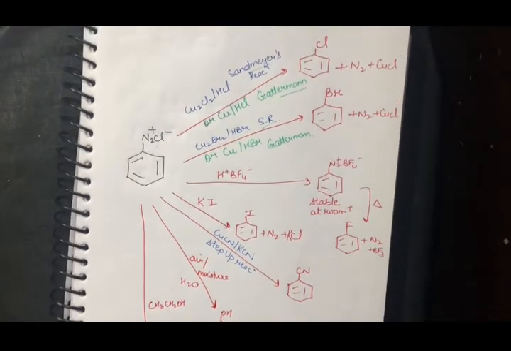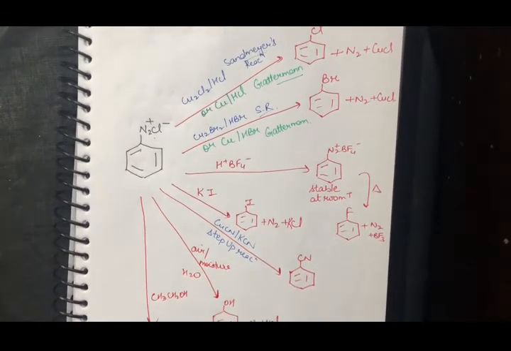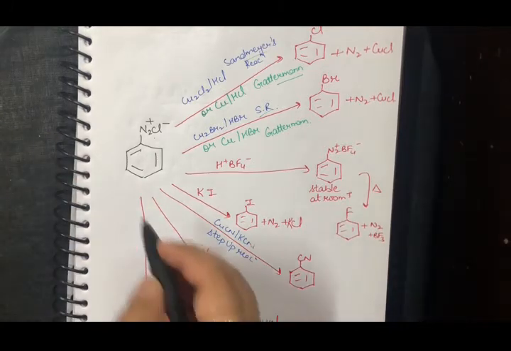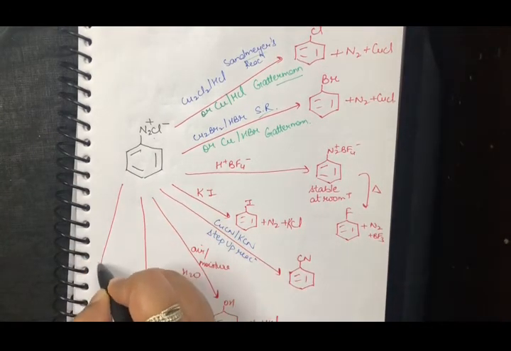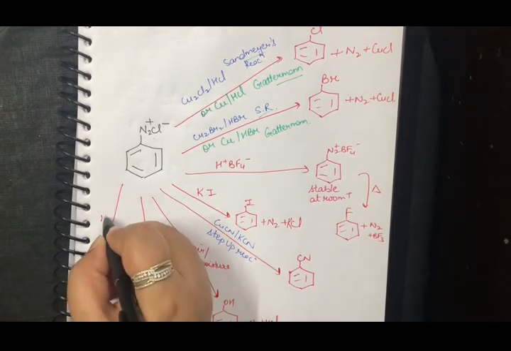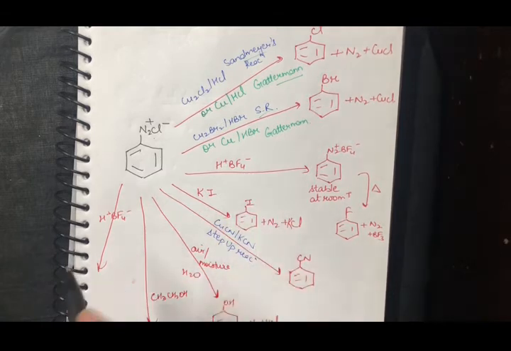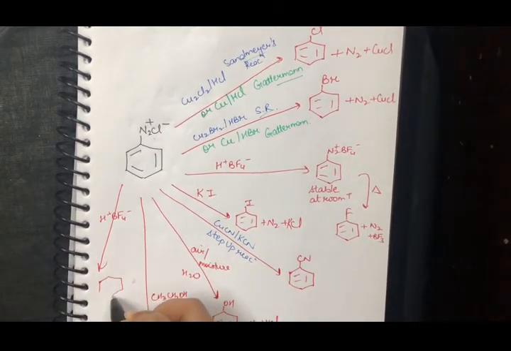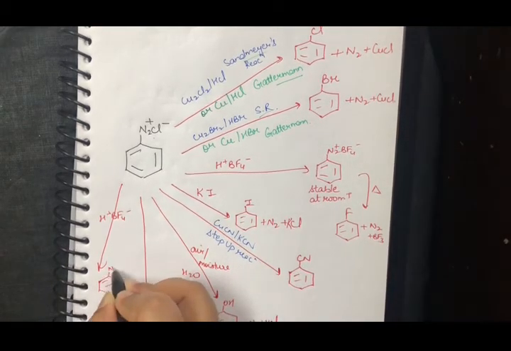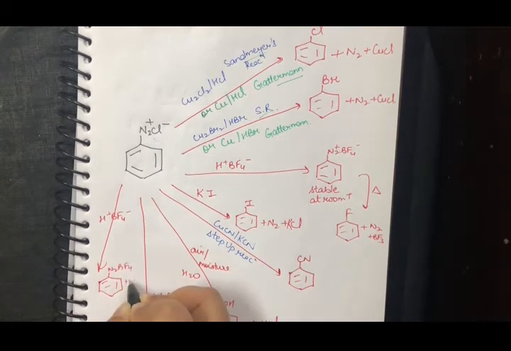So till now also you can see there are so many reactions involved with this just one structure, that is benzene diazonium chloride. Also, if you add H plus BF4 minus here, I am again adding the same component with a different twist this time. What were you getting? You were getting N2BF4 minus plus HCl.